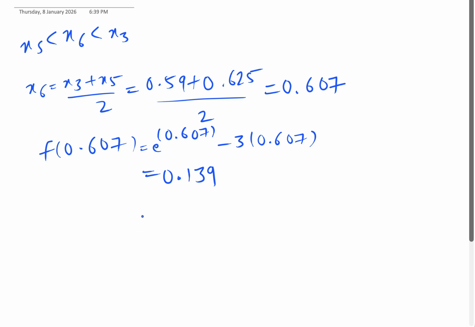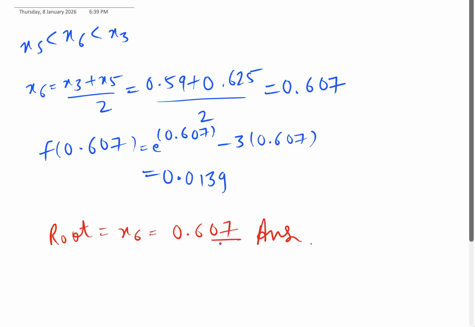Let me write it clearly, 0.0139. Let's stop here, as we have done 6 iterations. So the root will be x6, 0.607. This will be your answer.